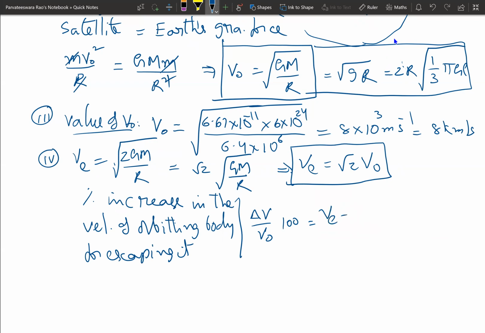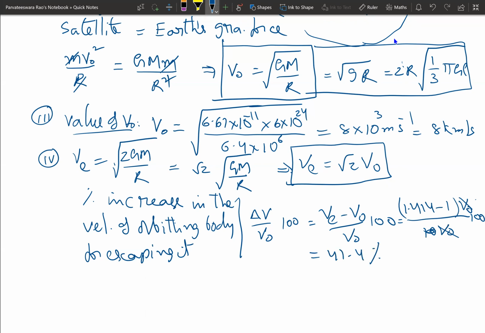That is VE minus V naught by V naught into 100, which is V naught into 1.414 minus 1 by V naught into 100. So if you increase the velocity of the orbiting body by 41.4%, then it escapes into space.